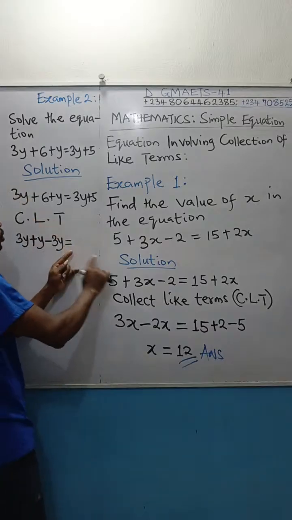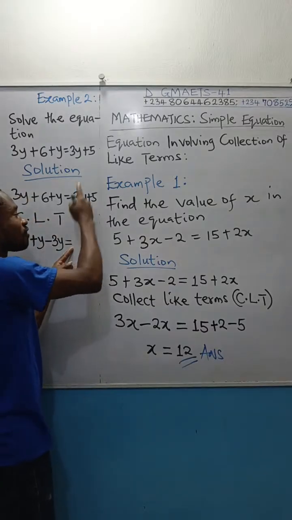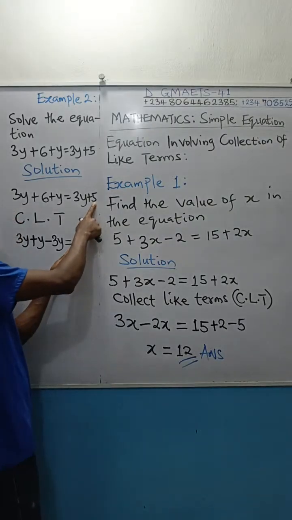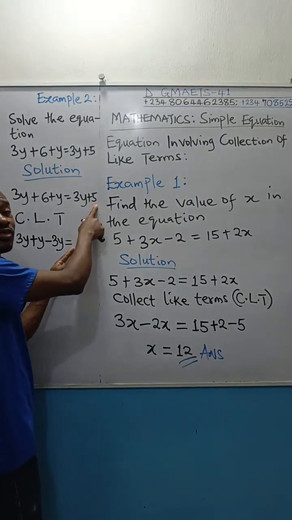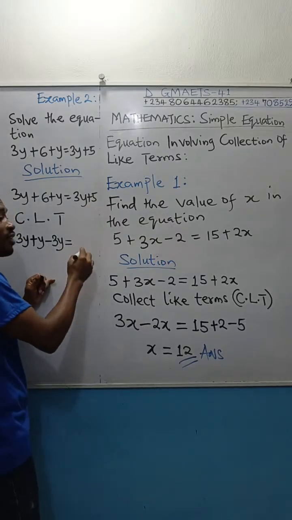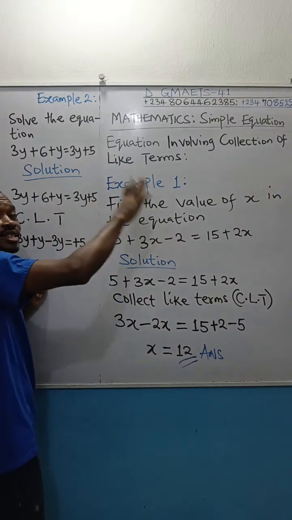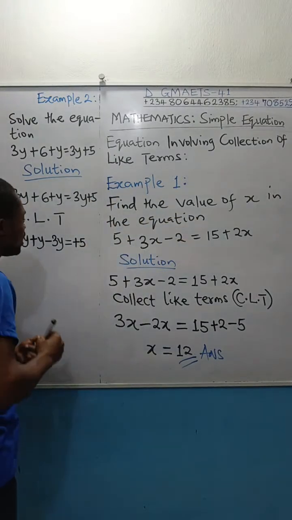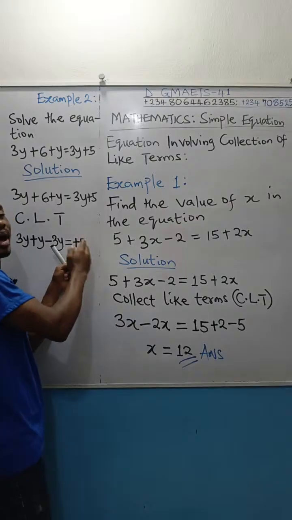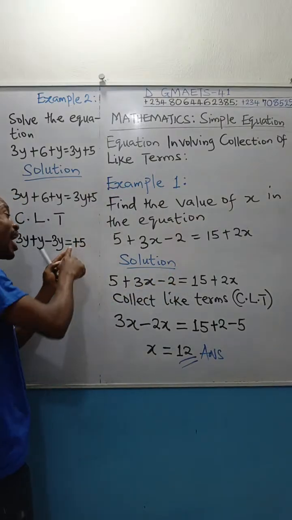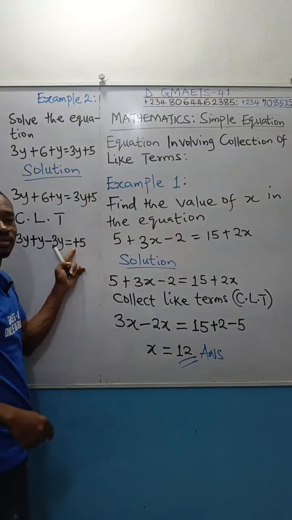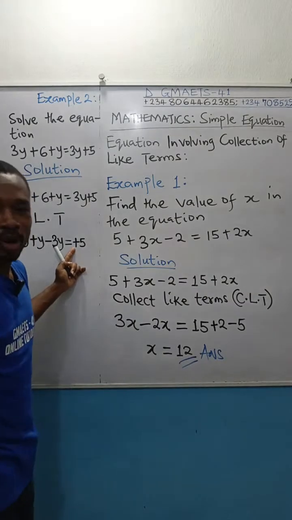Then take note, when I remove this 3y from the right hand side, we were left with plus 5. Only plus 5 is now remaining there. So that plus 5, write it, because 5 is the pure number that is occupying the right hand side. Since this 5 is the first number I'm writing on the right hand side, and it has plus, there is no need of writing that plus.